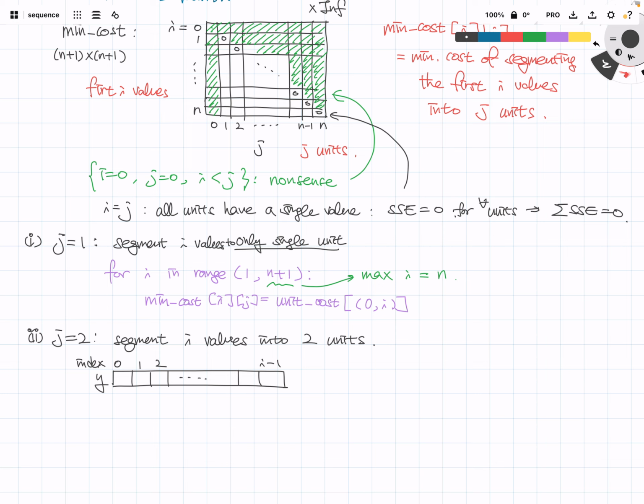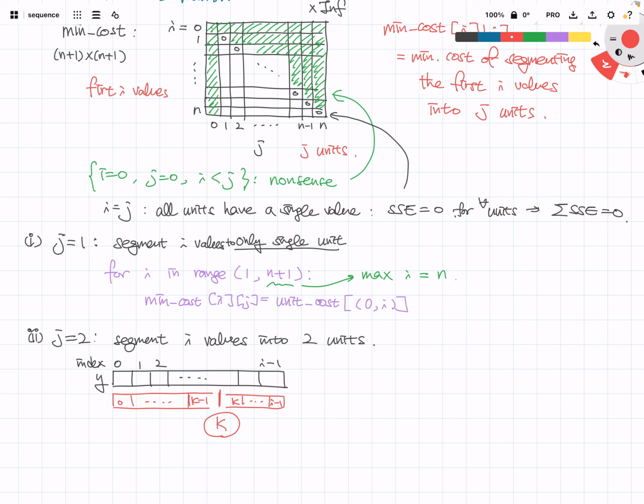And then we want to segment this into 2 units. And now we can introduce k. It means that we can segment, let's say here, 2 sequences, and let's say here is k. So from 0 to k minus 1, right? And then from k to i minus 1.